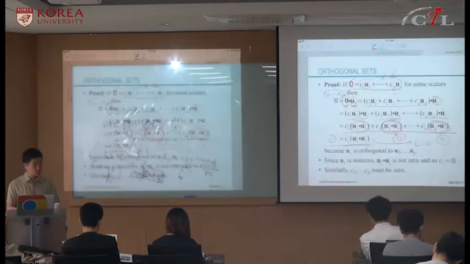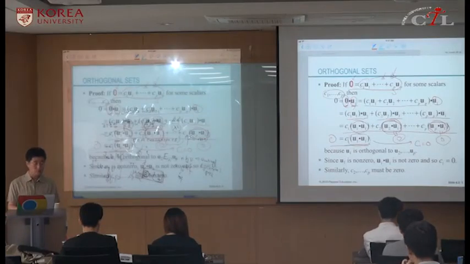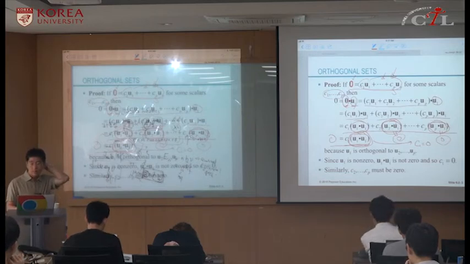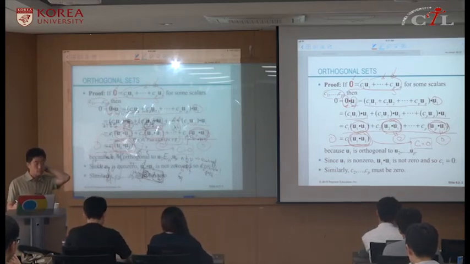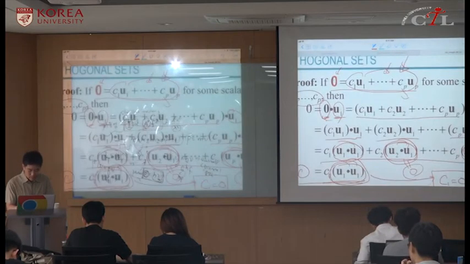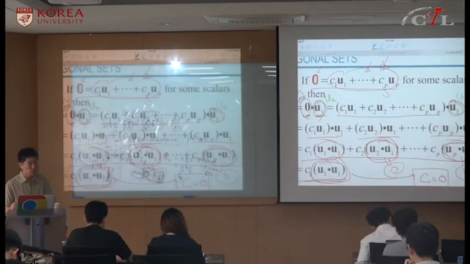So what is a non-zero vector? The vector length, or the inner product with the same vector, will be non-zero, and so this inner product value can be divided safely from each side of our equation, and thus we obtain c1 as 0. We can also do the exact same thing by multiplying with u2 in the place of u1, and then we obtain c2 is also equal to 0, and c3 and so on.